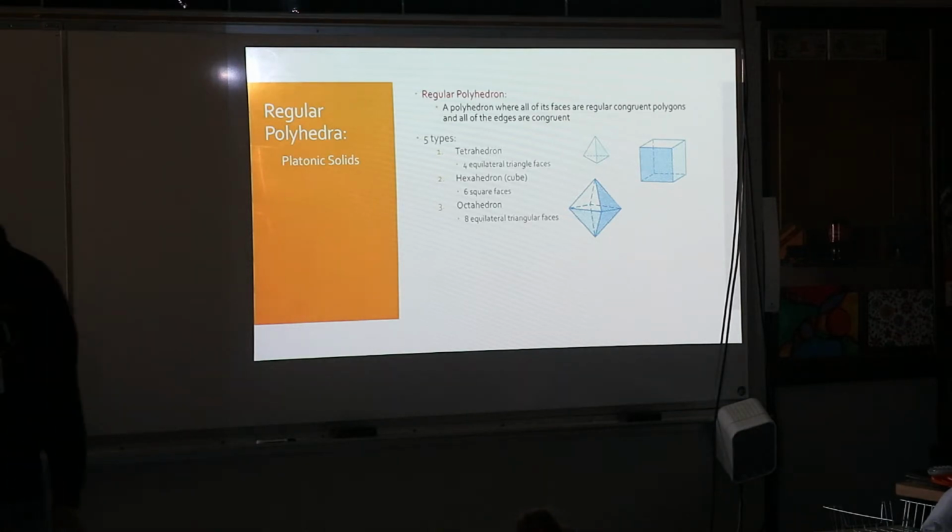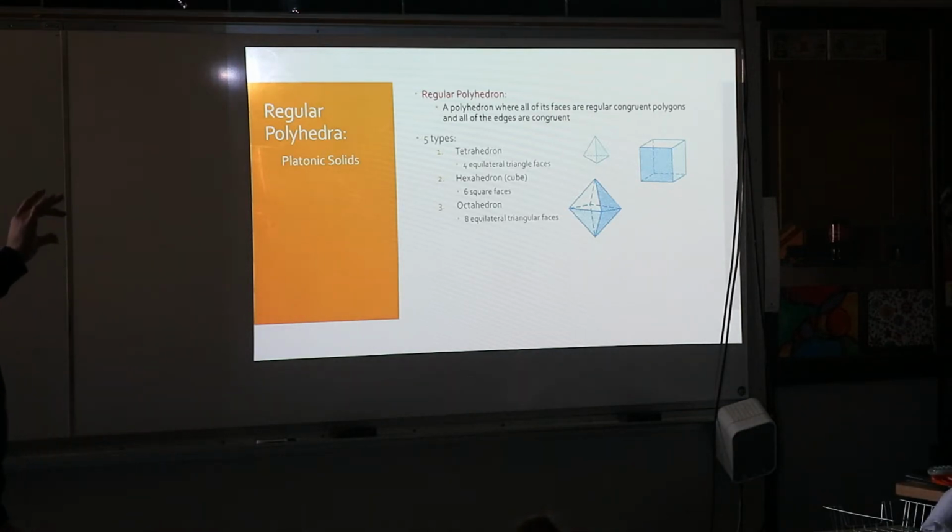So the distances make a big difference. How tall it is, how wide it is, they all have to be perfectly symmetrical, so you can lay on any face. So there's 8 equilateral triangles.